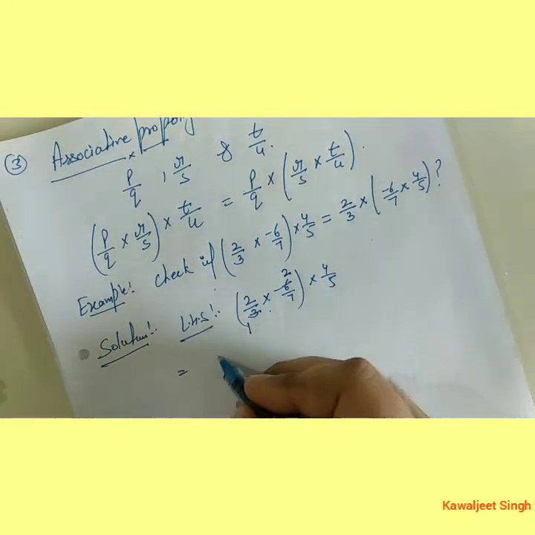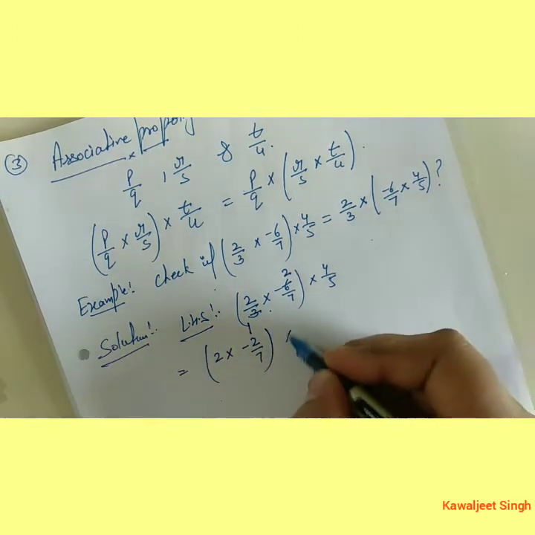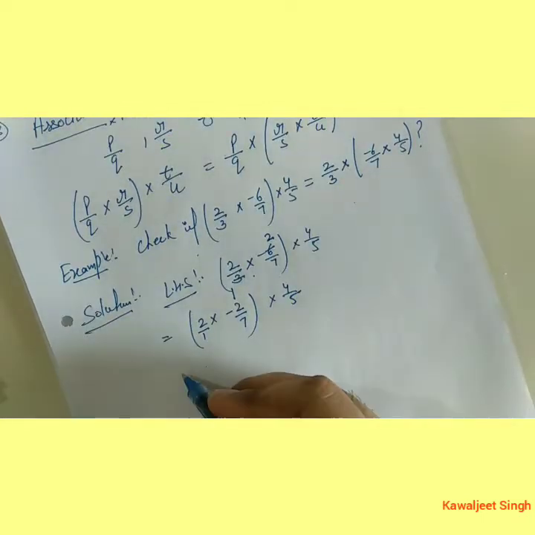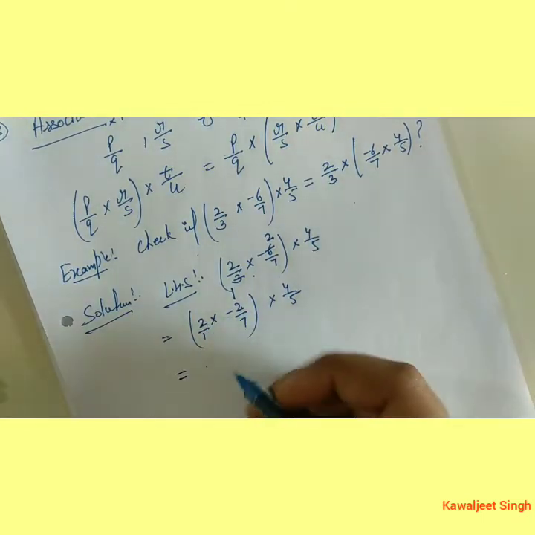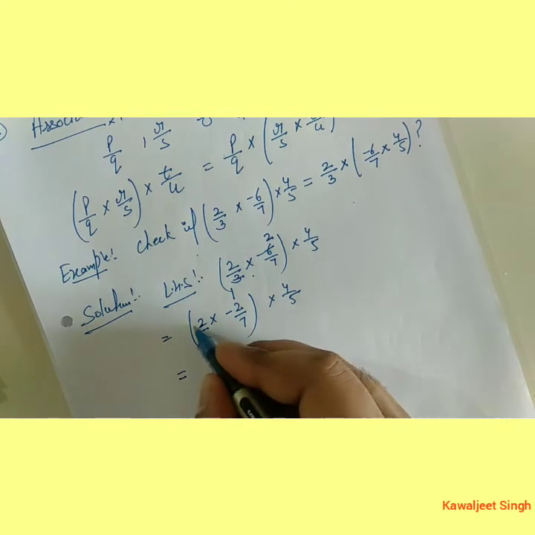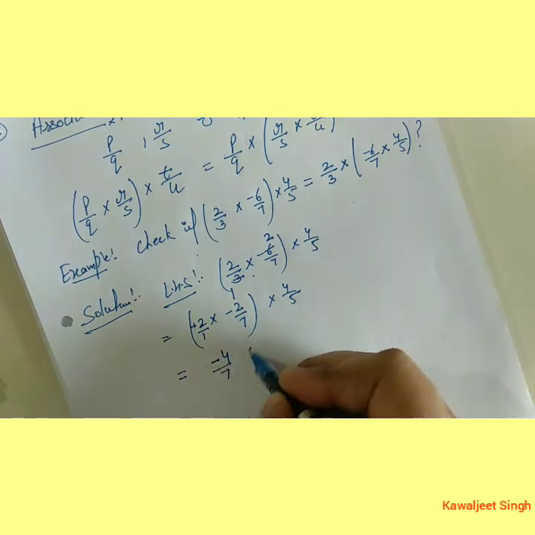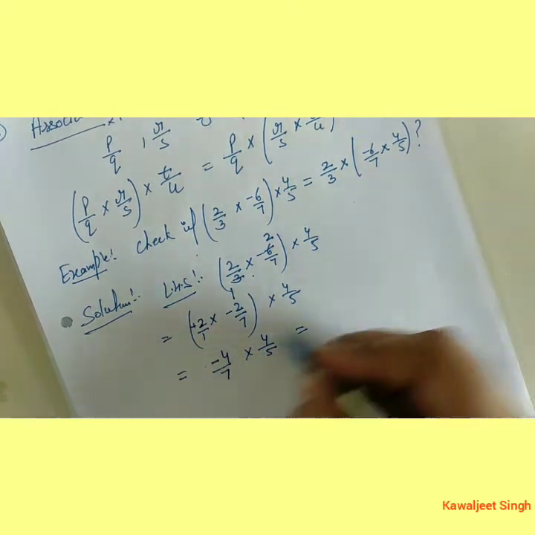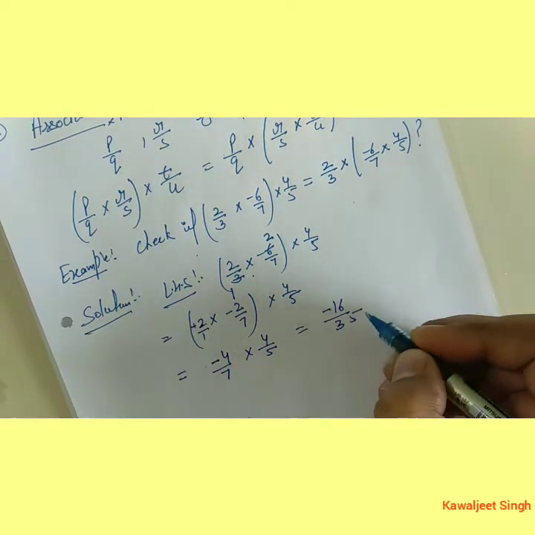So what remained here, 2 into minus 2 by 7 into 4 by 5. Over here you have to put 1. Now again multiply, numerator with numerator, 2 twos are 4, and no sign is there so we consider it positive here. So plus minus becomes minus upon 7 into 4 by 5. Now again multiply, it becomes minus 16 by 35.